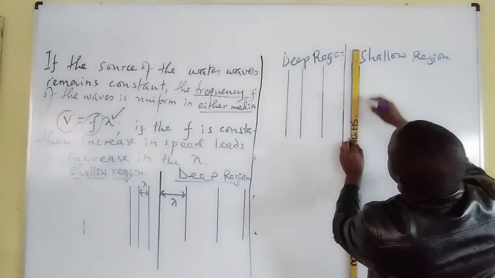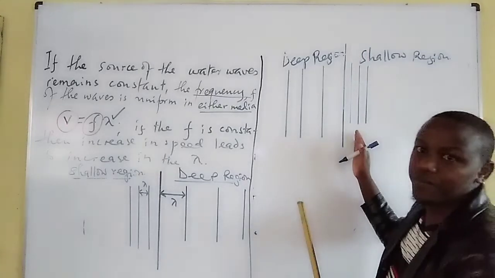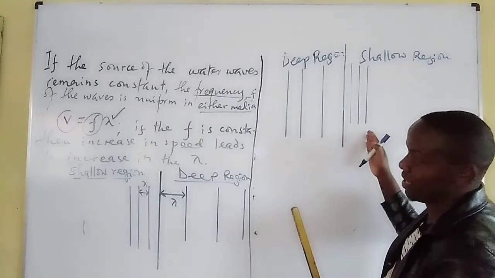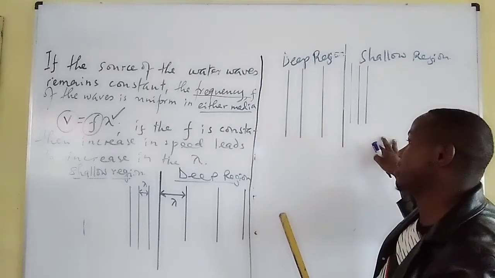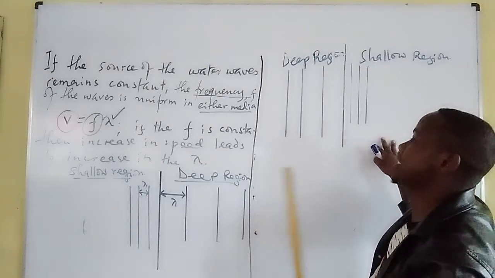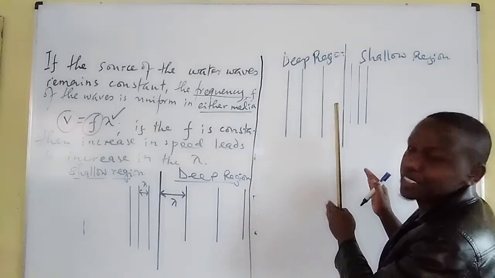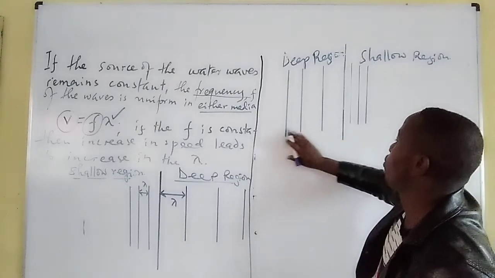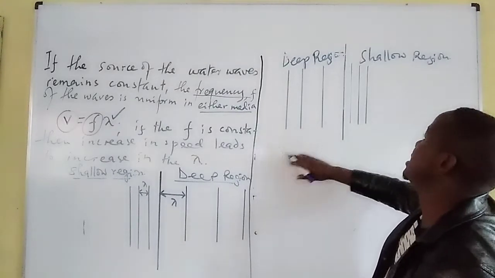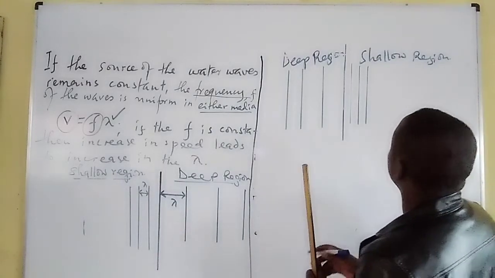The speed goes down, and because frequency is constant according to that equation, the wavelength also has to become small. So that is the relationship when water waves are bending from a deep region to a shallow region.